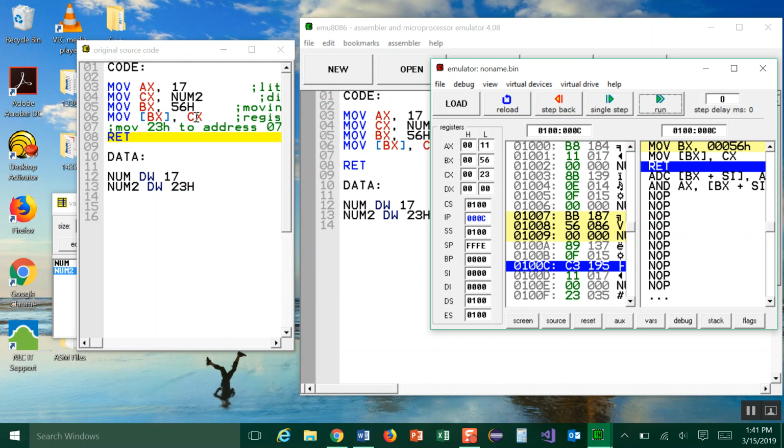So we are moving CX, which is 23, into the address stored in BX. What is the address stored in BX? 56, which means we are moving the value 23H into the memory address 56. Okay, let's do that.